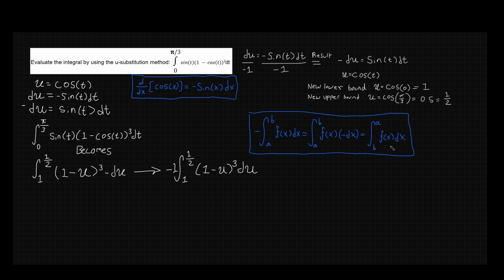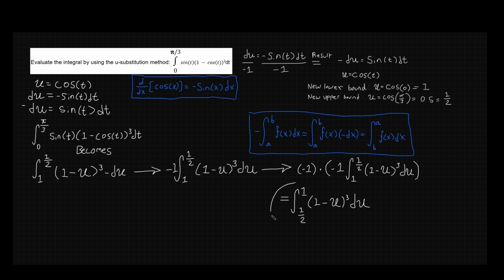This is how you flip it, and what we did was we just multiplied this by -1, and it became this. So let me show you guys what I'm talking about. We're going to multiply these together, and what that's going to do is allow us to flip these bounds of integration right here. These negatives cancel. Okay, so this is what we get, right?